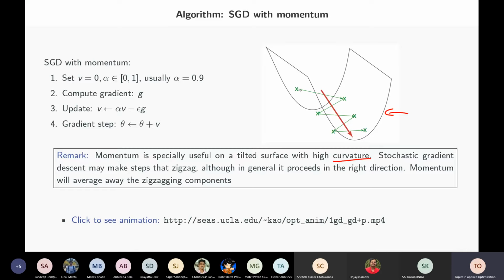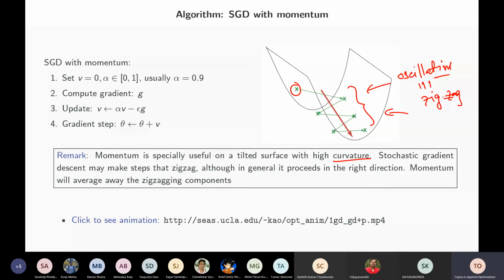If you follow the usual gradient descent, you start with some initial guess, and then it will throw you this way, and then this way, and then again this way. So you are oscillating a lot, and this will slow down your progress. Oscillations are the same thing as saying zigzag.